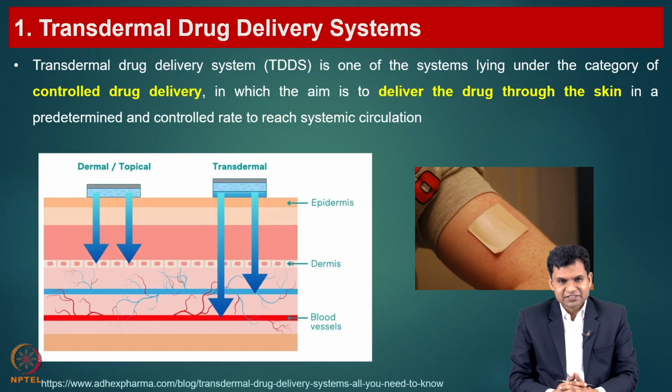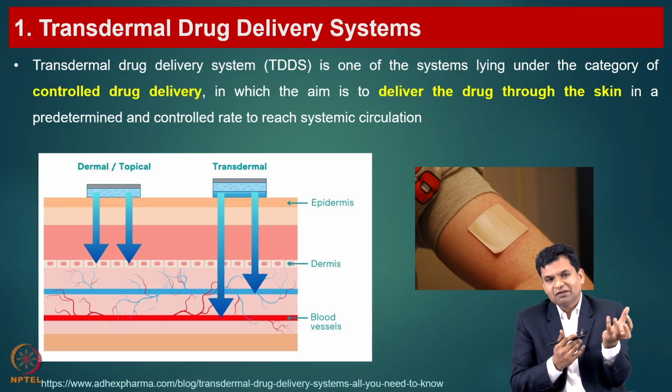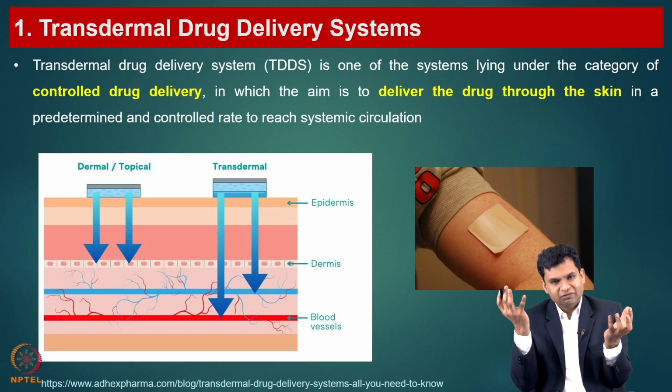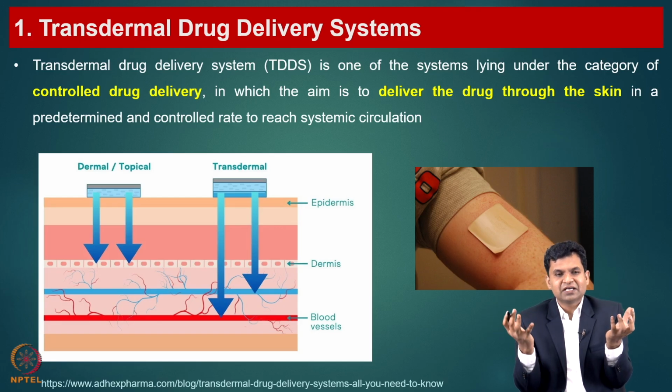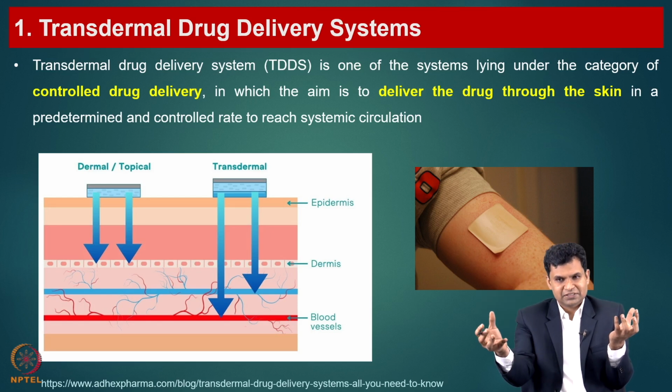Transdermal drug delivery systems is one of the systems lying under the category of controlled drug delivery systems. Here we prepare the conventional topical formulations into a novel drug delivery system to control the release of the drug and to reach the target site at particular time intervals.